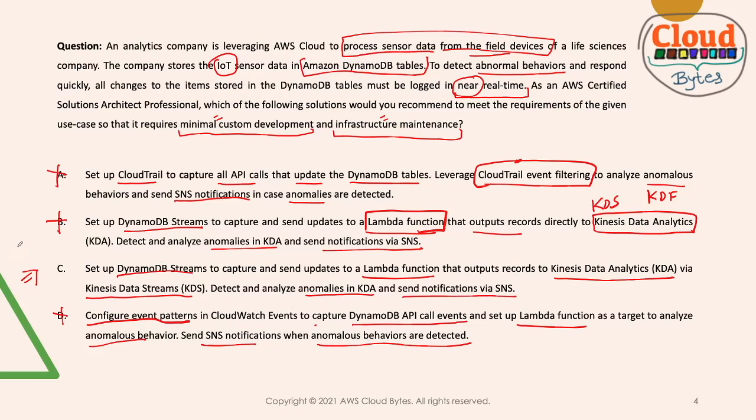You have a data stream, the DynamoDB stream, basically. So DynamoDB stream can store all the modifications in the last 24 hours to be processed using a Lambda function.